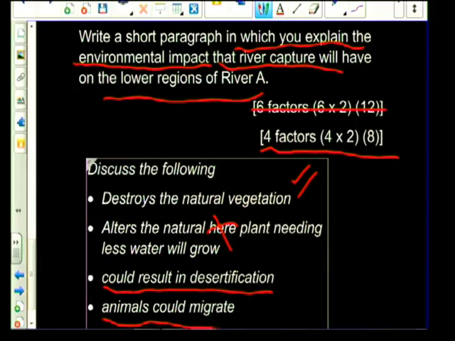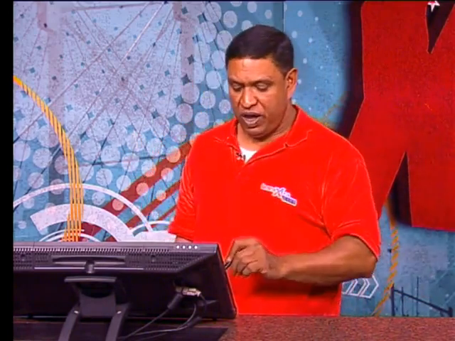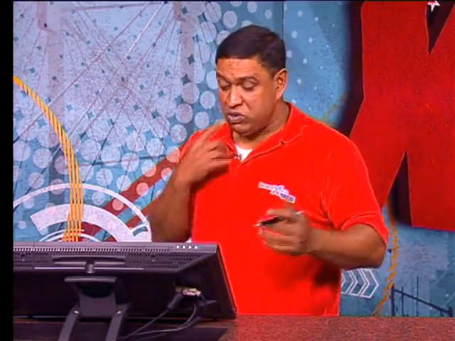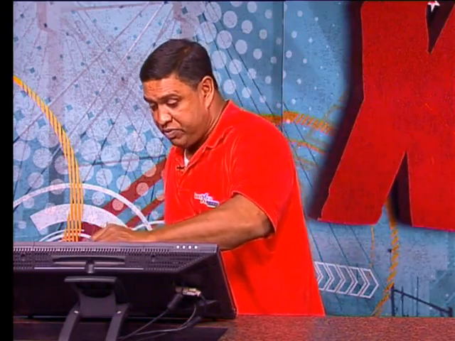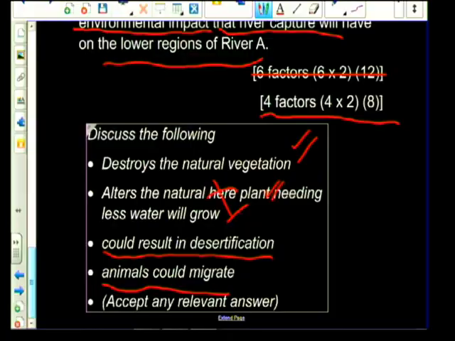Animals could migrate, animals that are heavily reliant on water and vegetation. Because the vegetation dies, animals don't have food in the area, there's no vegetation, they start to move away. So that could give you your 2 marks, 2 marks, which could give you 8 marks, and that is the difference.